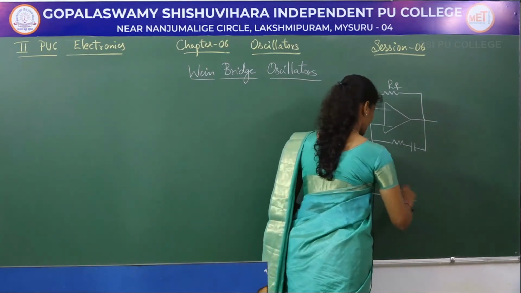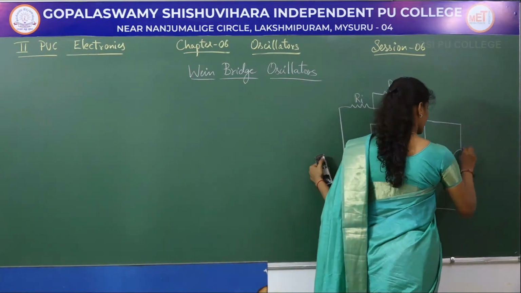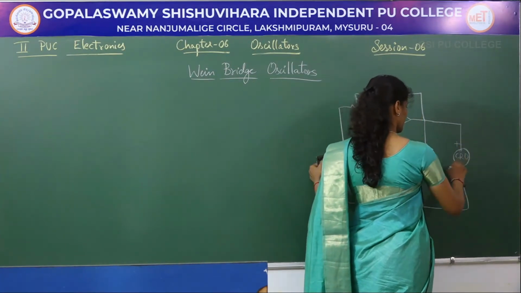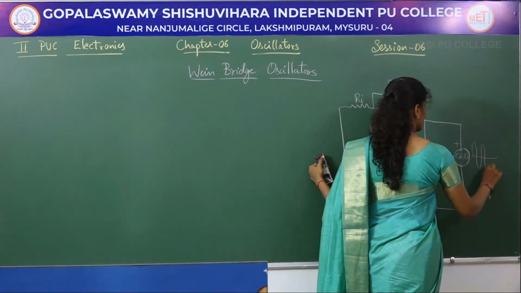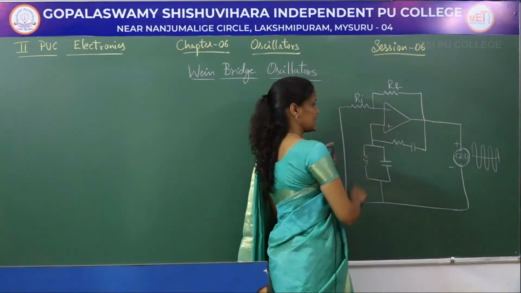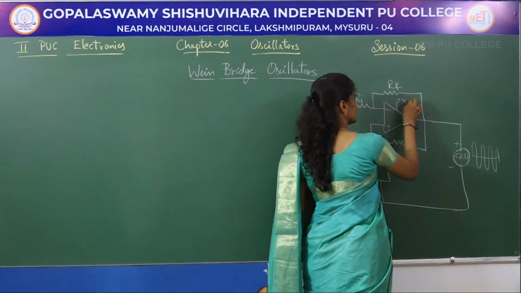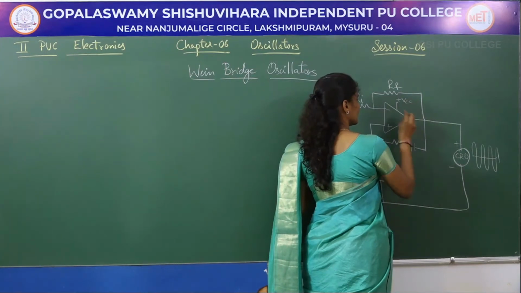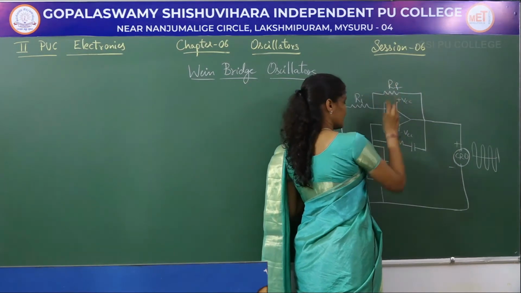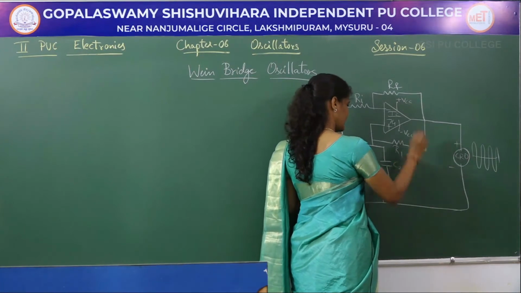So this is the circuit we are going to use in order to generate the electrical oscillations, positive, negative. So the signal which is generated will be like this. This is the negative terminal, this is the positive terminal, that is the inverting op-amp, non-inverting op-amp, plus VCC, minus VCC, IC741, Ri, Rf, R1, C1, R2, C2.